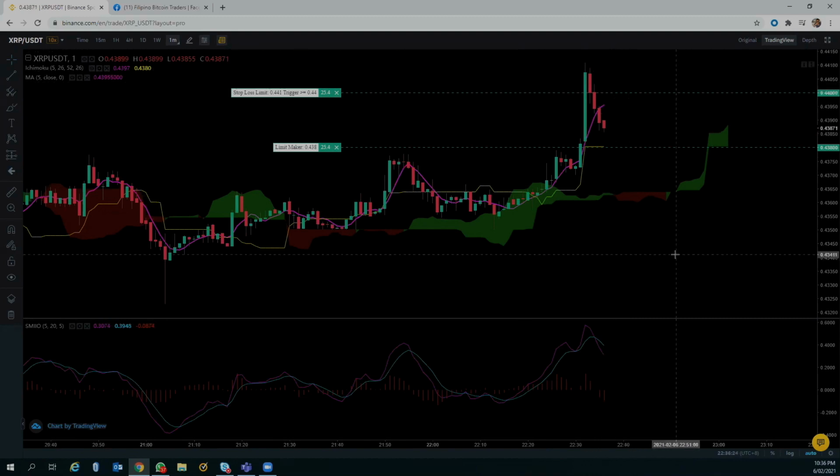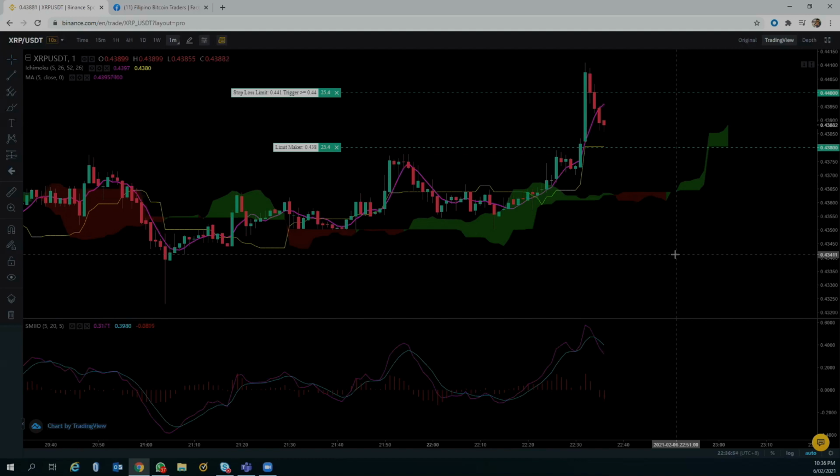So, yan lang. Let's say, for example, this is on a 1 minute time frame. So, it's very, very fast. So, mahirap mag-trade sa 1 minute time frame. So, usually na ginagamit ko talaga na time frame is 1 hour and 4 hours. Ito din para iwas na sa mga daming fake breakouts or fake sellouts.